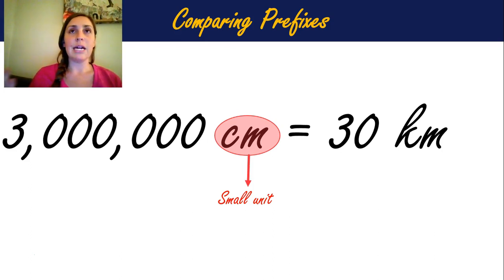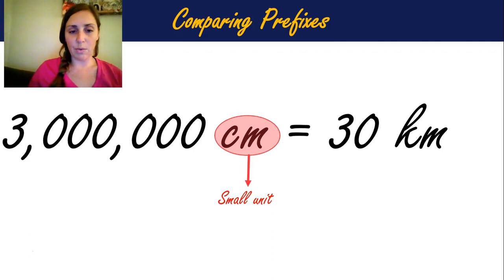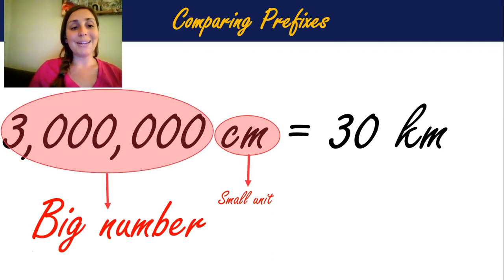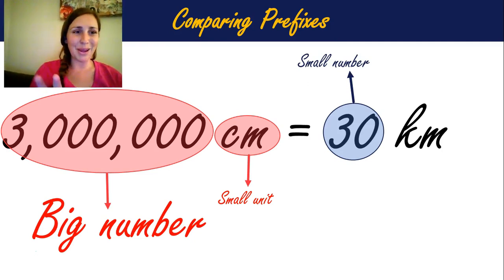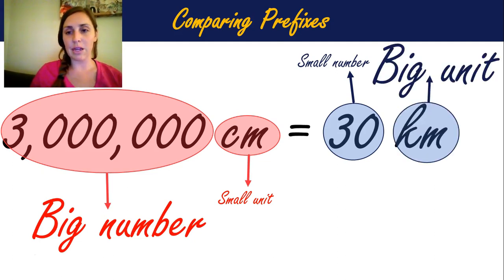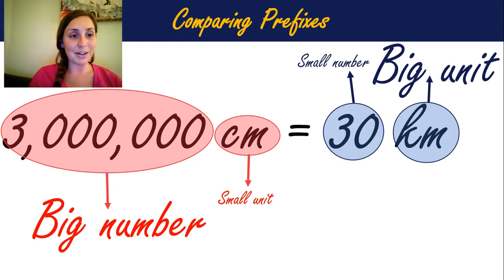A kilometer is about half a mile, so the kilometer is the bigger one, the centimeter is smaller. But 3 million is a big number, versus 30 is the smaller number. So when I compare just these two measurements, if I just look at the numbers, 3 million is way bigger than the number 30, but that's because a kilometer is way bigger than a centimeter.